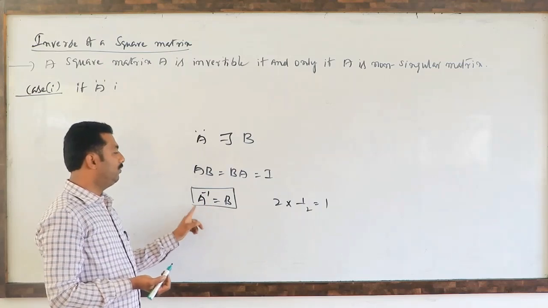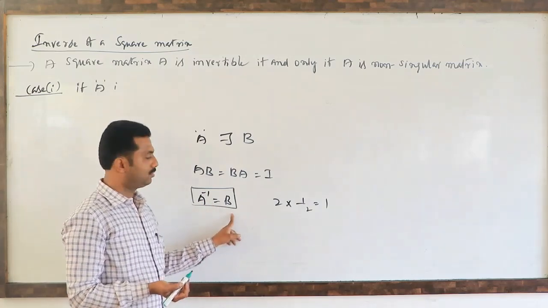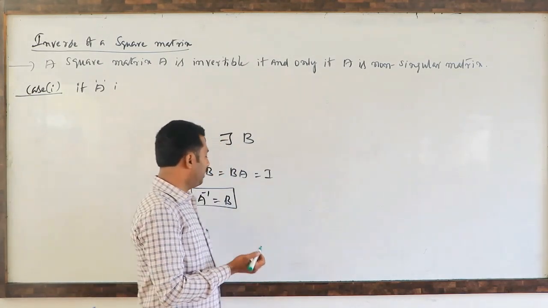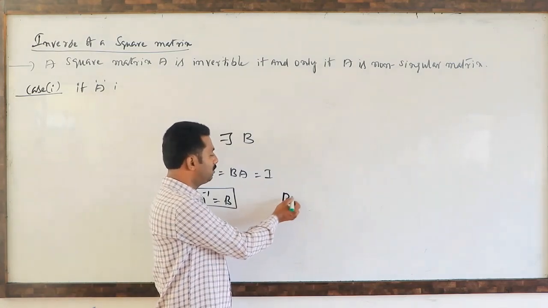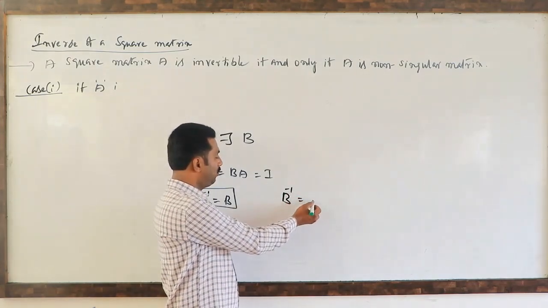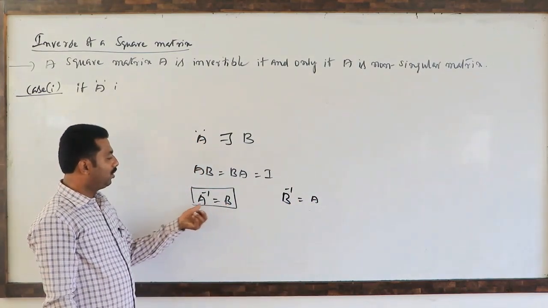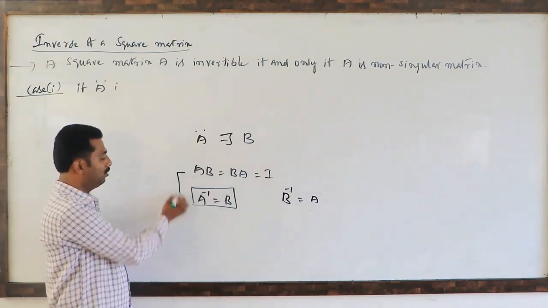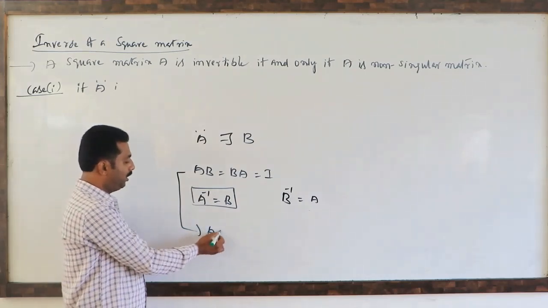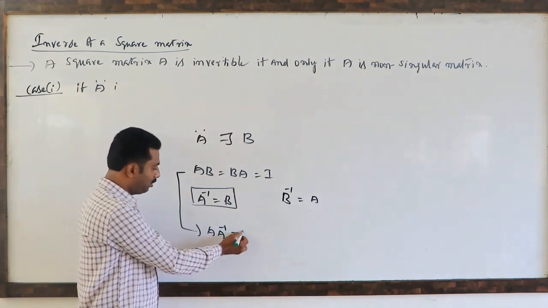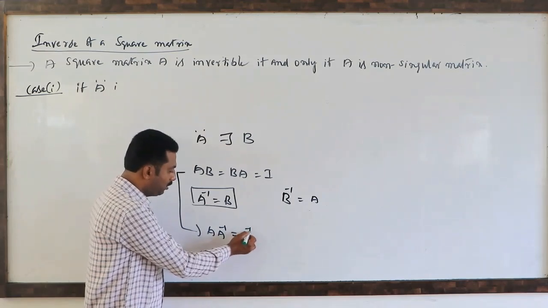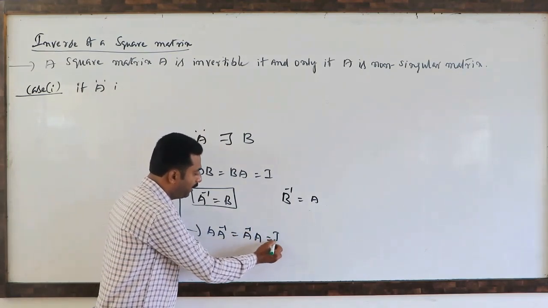B is the inverse of A and A is the inverse of B. So A is the inverse of B means we can write B inverse equal to A also. Suppose B equal to A inverse, if I substitute here, what will we get? A into A inverse equal to A inverse into A equal to identity matrix.